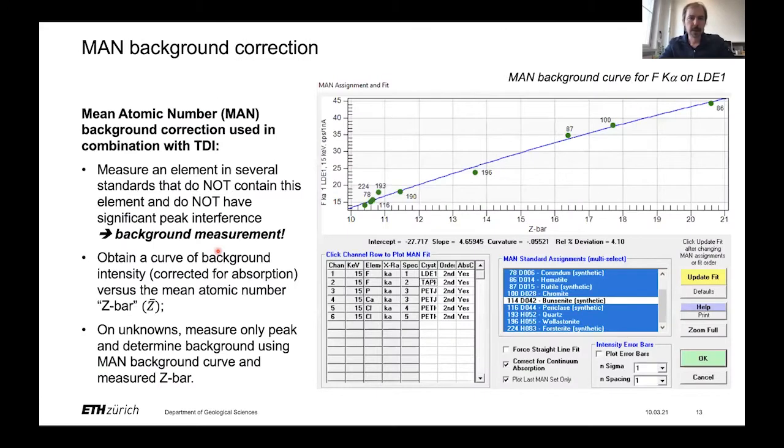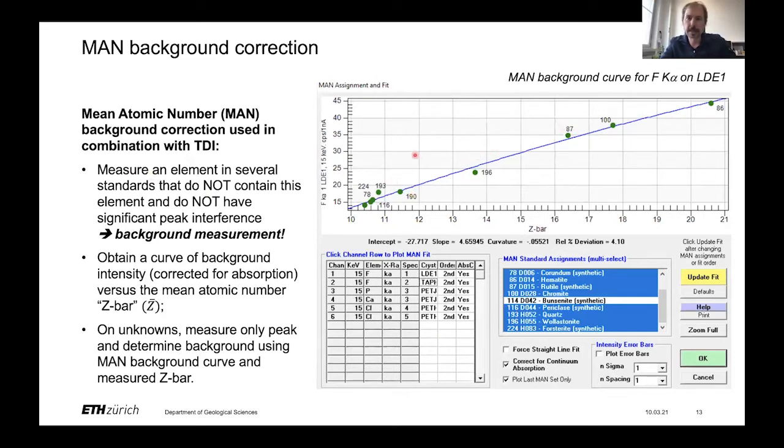So just a brief word about the mean atomic number background correction, a long name, just to state that it is a standard-based calibration curve for the background. Basically, what we have measured here, all these single green dots, are actually standards.